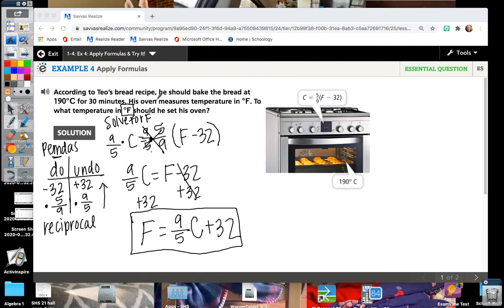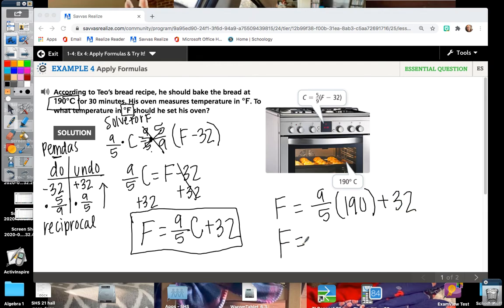So we want to know what the temperature is going to be if it's already at 190 degrees, which you can get from the problem or the picture over here. So if it's 190 degrees Celsius, we're going to plug it in for C. And then we just plug this straight into our calculator.